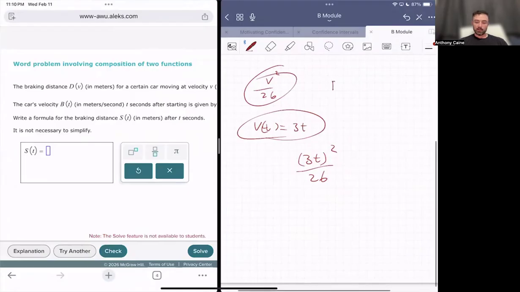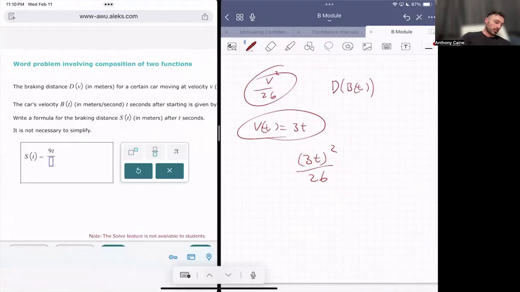If I was to write it all fancy, I'd have d of b of t. And so what's that going to be? It's 9t squared over 26.